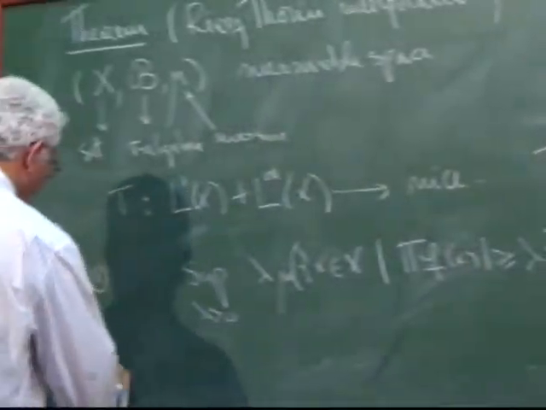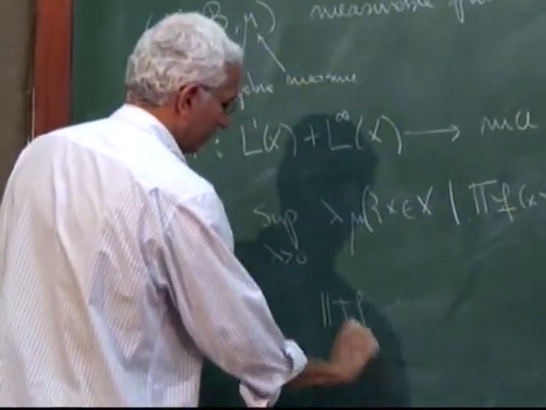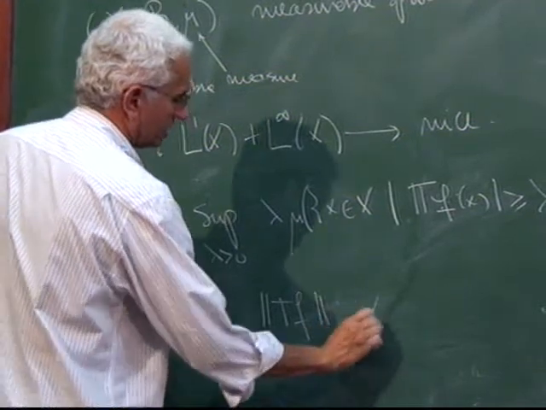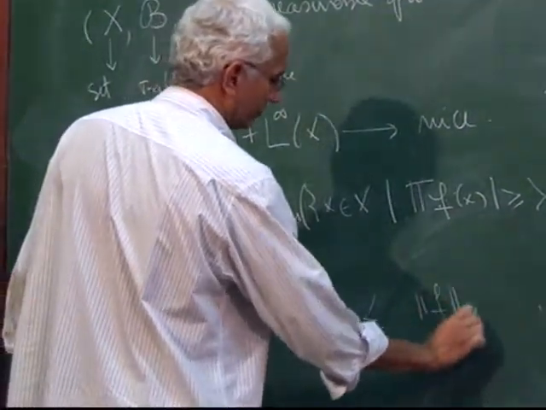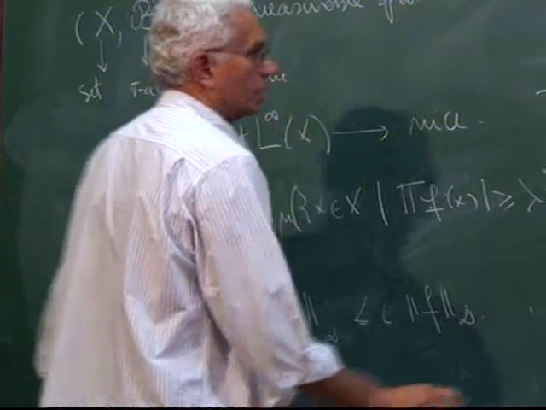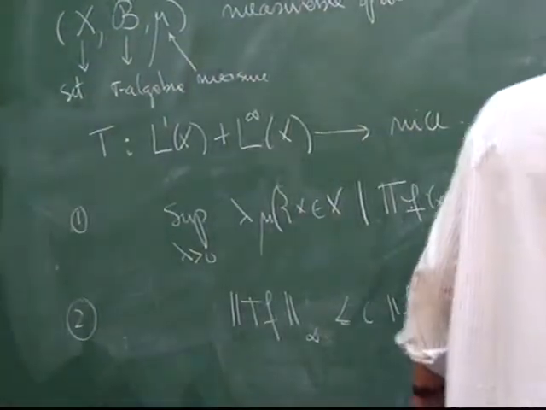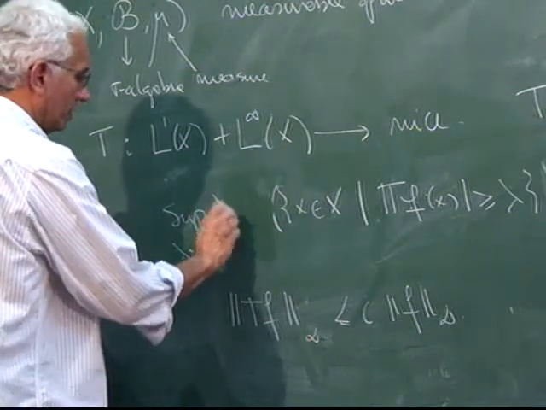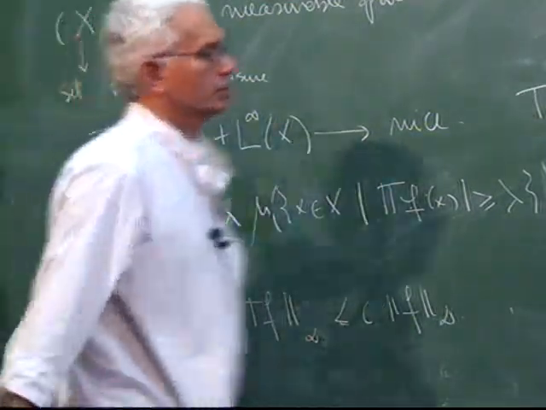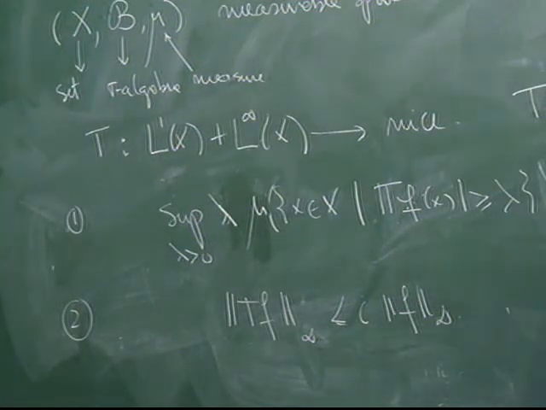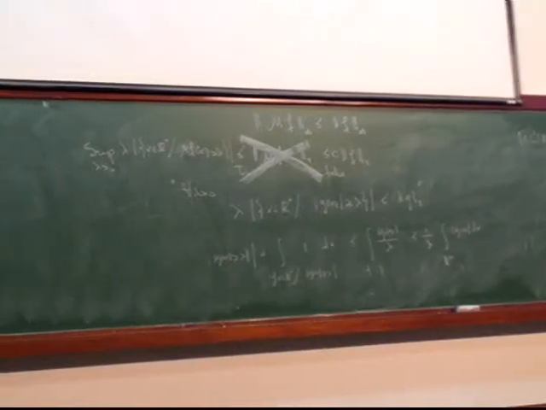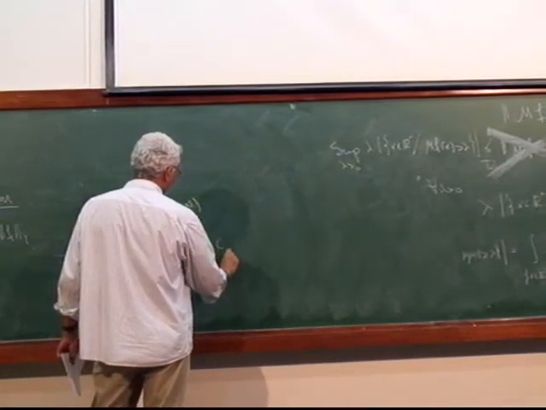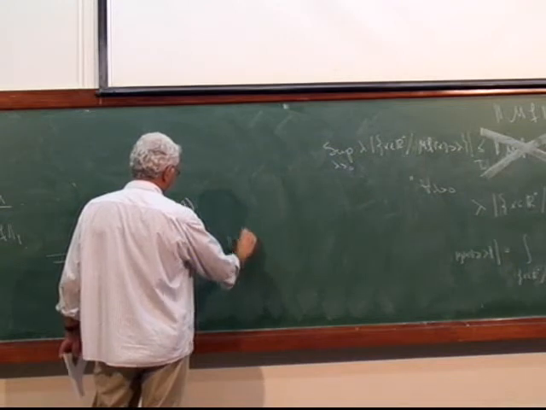Suppose that the L infinity norm of Tf is less than another constant times the L infinity norm of f. That implies you don't have continuity in this extremal, but you have continuity that for all p between 1 and infinity, the L^p norm of T of f is less than some constant C_p times the L^p norm of f.